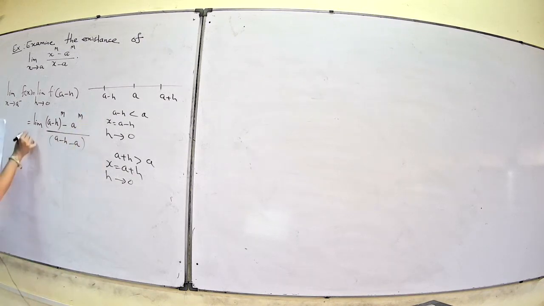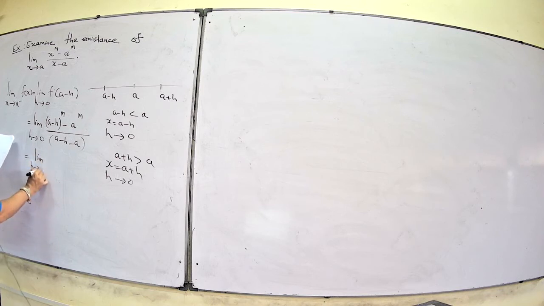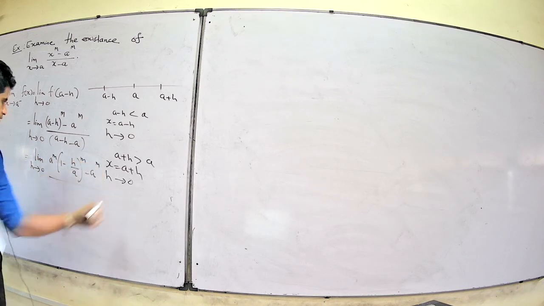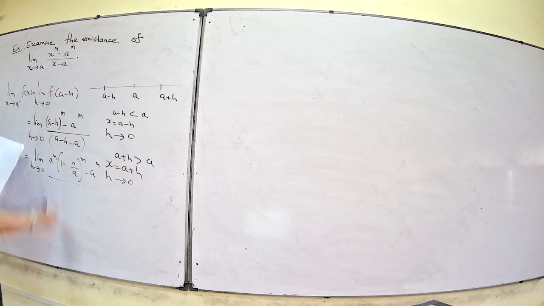Here h tends to 0. Suppose you take one of the factors, a power m, outside, you have 1 minus h over a to the power m. The a terms cancel, you get minus h.